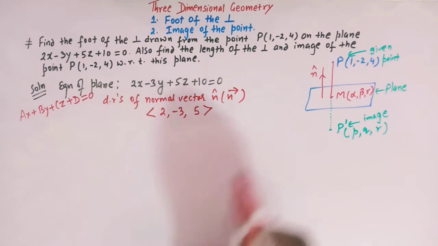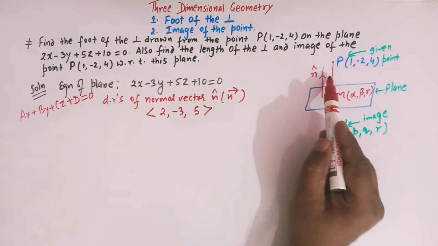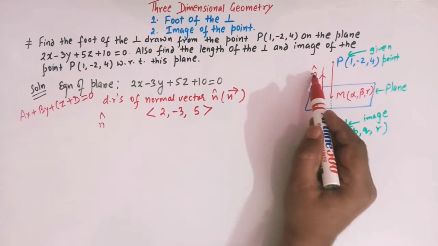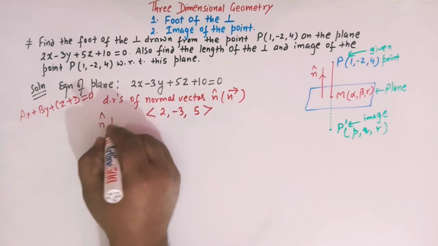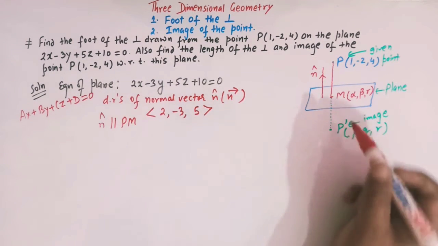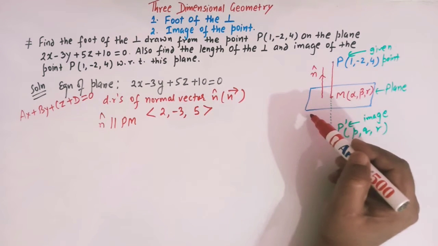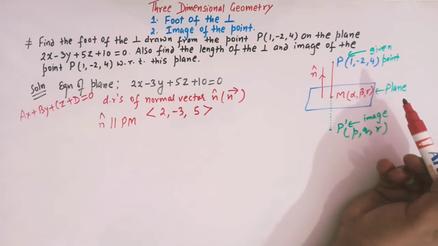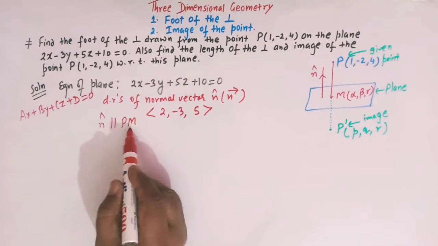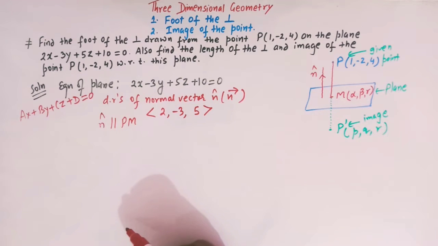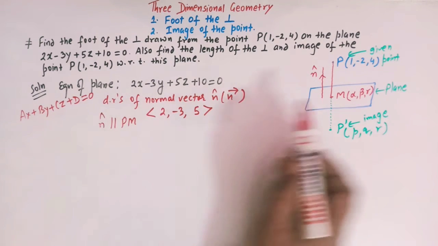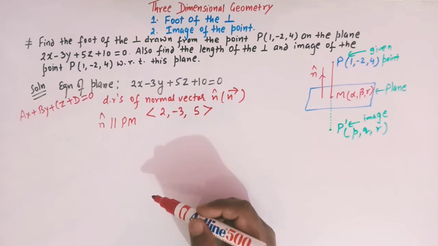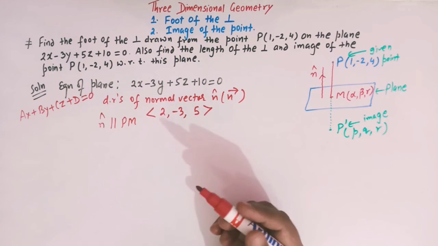And moreover we observe here that this normal vector n cap is parallel to PM, because PM is perpendicular to this plane, and the normal vector is also perpendicular to the plane. So these two vectors are parallel, and from vectors we know that if two vectors are parallel, then their direction ratios are either equal or proportional.